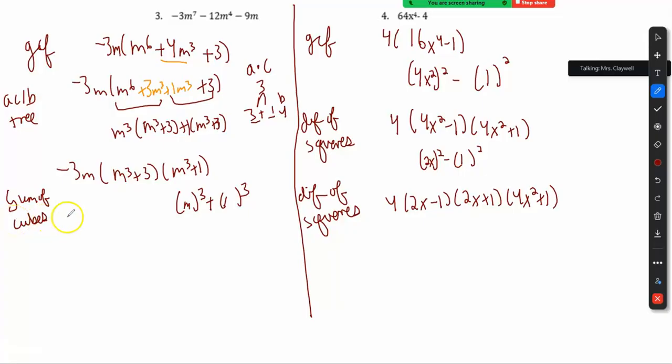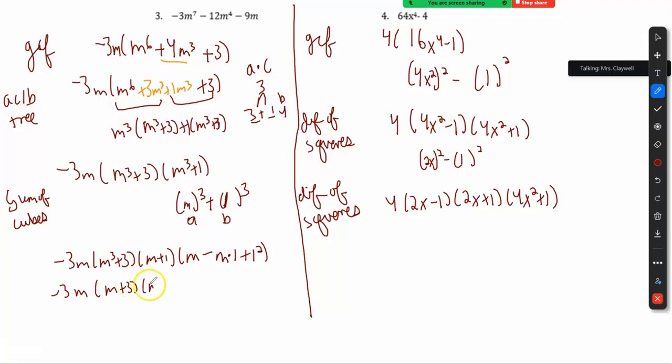I want you guys to pause the screen and do that part on your own with an A and a B. And then I end up with this sum of cubes that I used at the end. Okay, happy to help with any questions that you guys have in class.